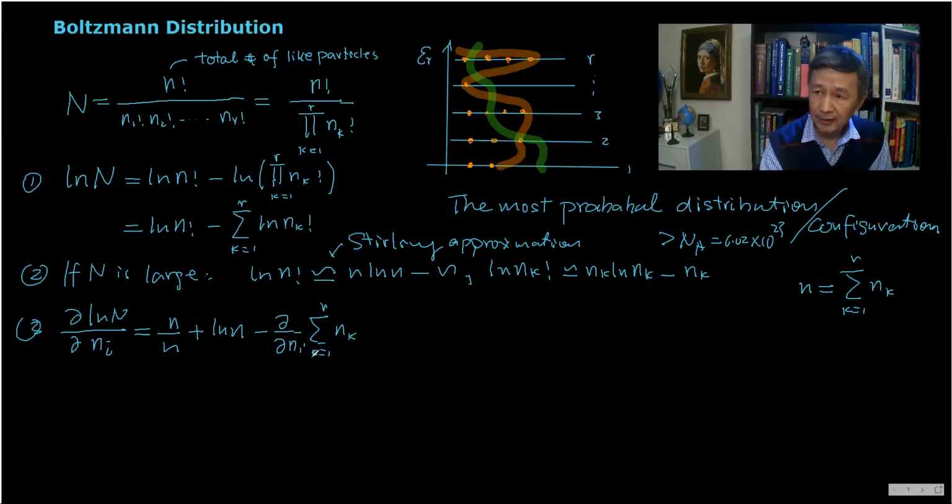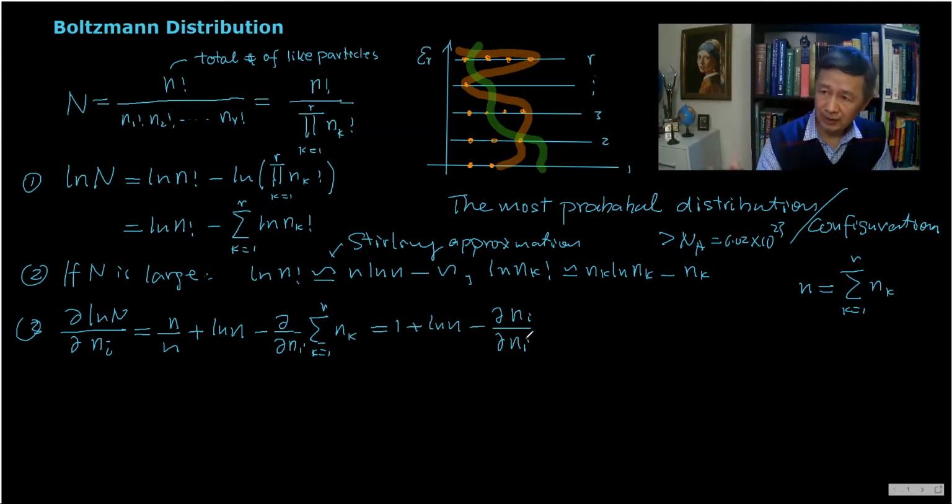In this way, we know that there is only one n that is non-zero, which is ni. The other n are independent. Therefore, we can rewrite this: the first term is 1, you see, we get plus log n, and the third term is the partial derivative of ni with respect to ni.